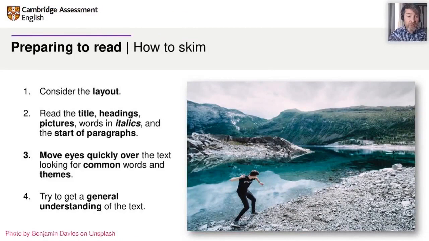Maybe read the title, headings, pictures, words in italics, the start of paragraphs, places where you are likely to find lots of information about the overall text. You are likely to move your eyes quickly over the text, and you're hoping to get a general understanding of it.